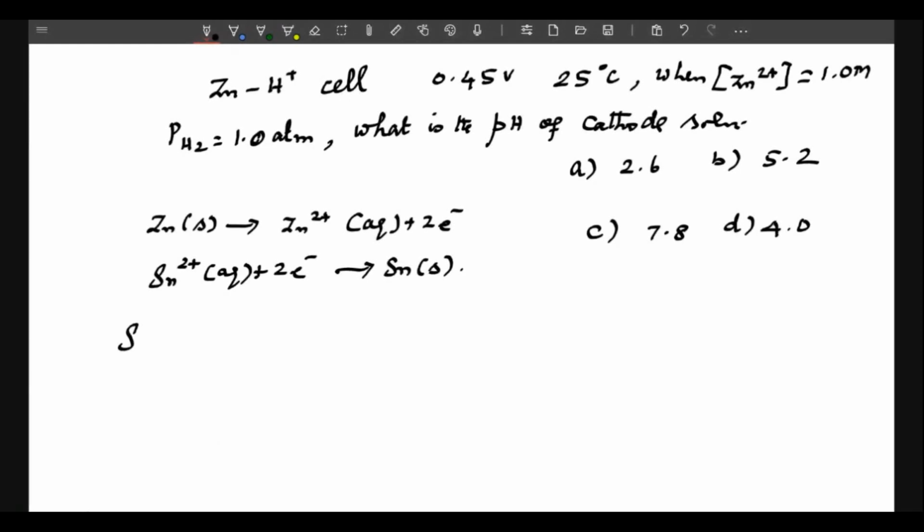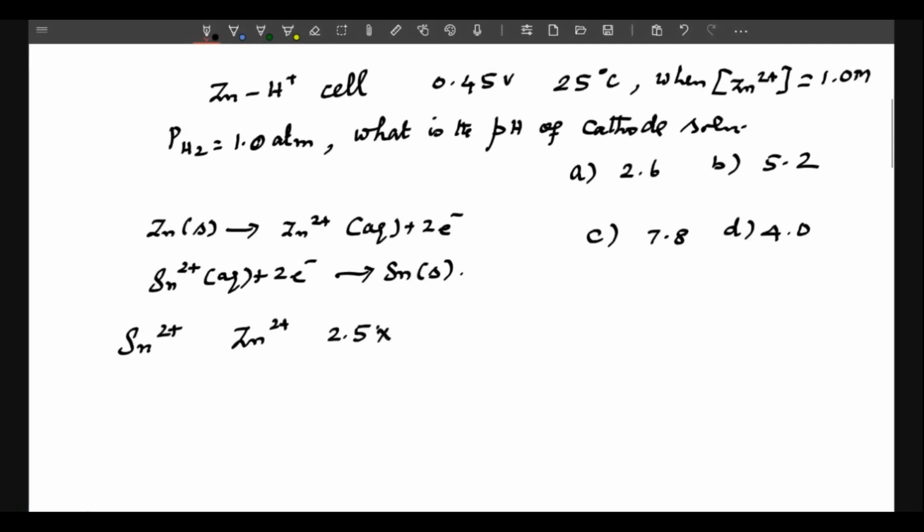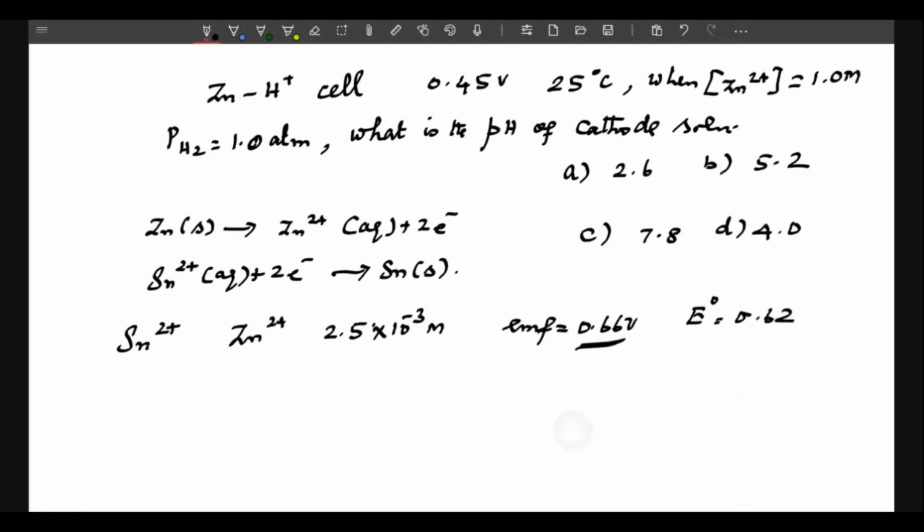What is the concentration of Sn2+ if the Zn2+ concentration is 2.5 into 10 power minus 3 molar, and the cell EMF is 0.66 volt, and E naught is equal to 0.62? But this 0.66 volt is the non-ideal condition, that is E.